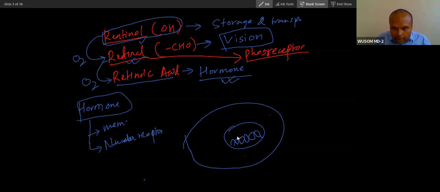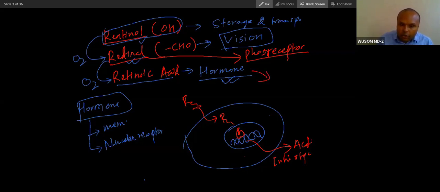So the receptor here is a nuclear receptor, and I will write it like this, R. This retinoic acid will come inside and bind here, and this is how it will cause activation or inhibition of genes, and thereby retinoic acid will cause cell differentiation, especially epithelial and mucous membrane differentiation.